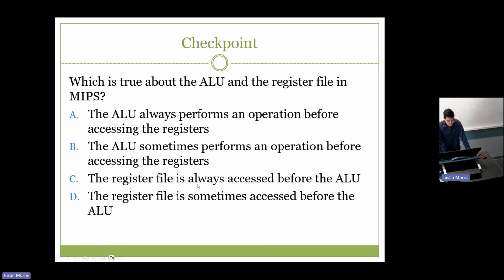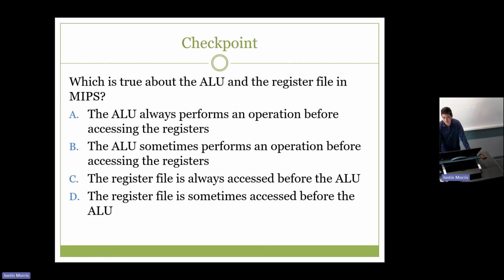So the register file is always accessed before the ALU. We know that it is accessed before the ALU. The question is, is it always accessed before the ALU? I would think so. We need the data from the register file in order to do any operation. R type, I need those registers, RS, RT.